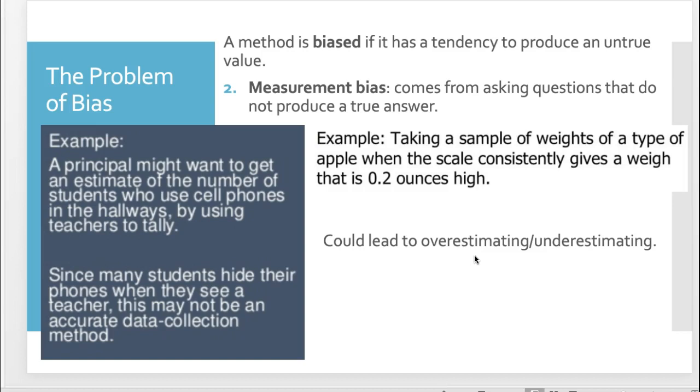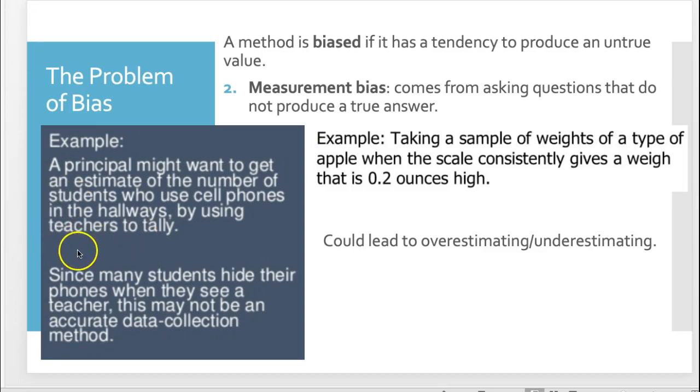One way to fix this is to make sure we use another scale or fix the one that we're using. Another type of bias requires a lot more thought, so you have to be an expert within your field. In this example, a principal might want to get an estimate of the number of students who use cell phones in the hallways by using teachers to tally.